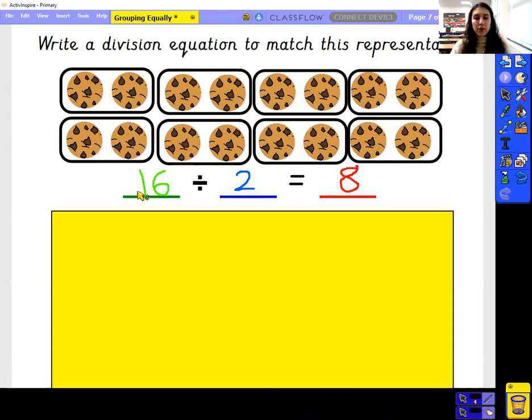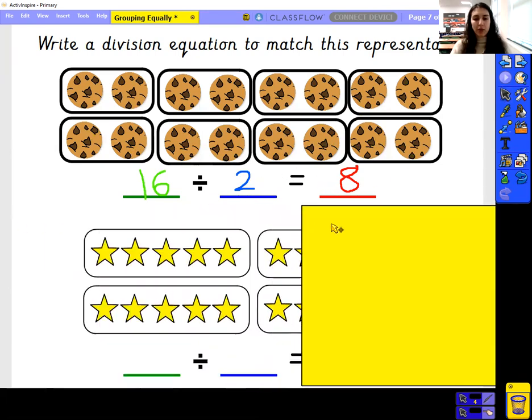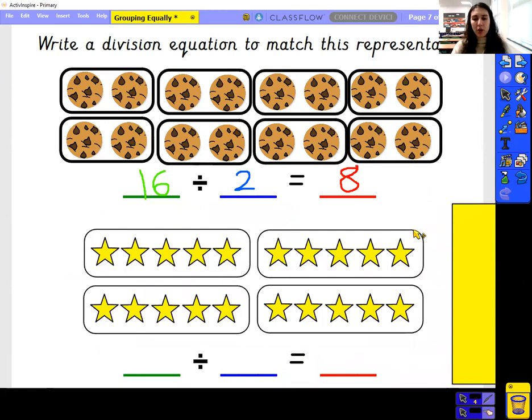So remember, the first number represents the total number of cookies that I am starting with. The blue number represents how many is in each group. So 16 divided into groups of 2 equals 8 groups. So now pause the video and have a go at working out what this division equation would be.